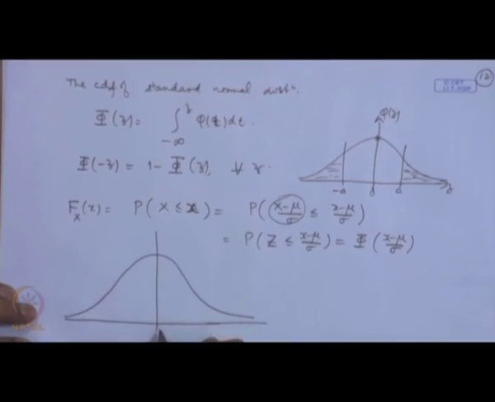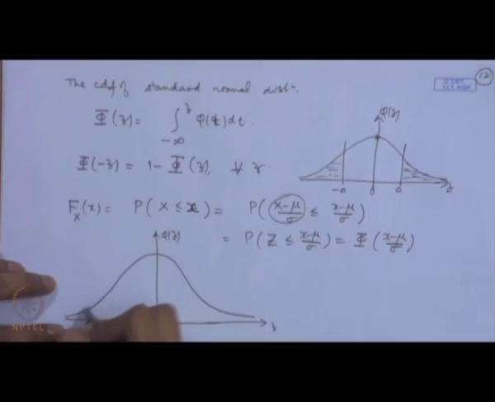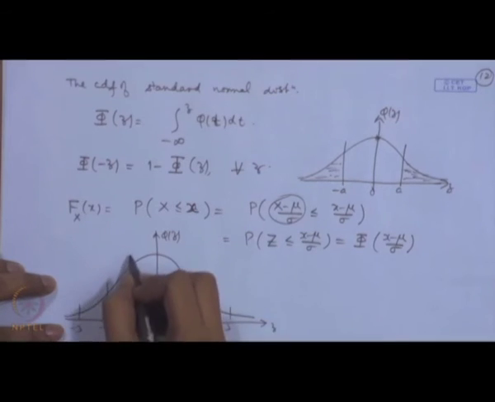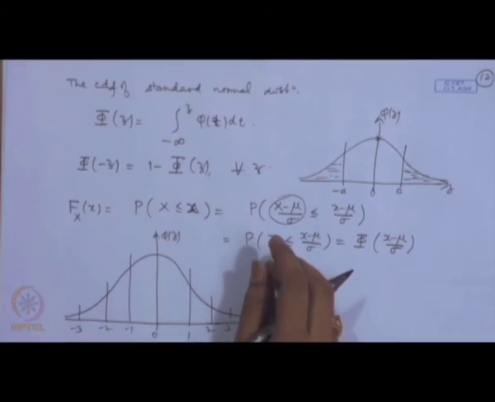So, this is the 0, this is your z, this is phi of z. If we consider say minus 3 to 3, minus 2 to 2 and minus 1 to 1, let us consider these 3 points.